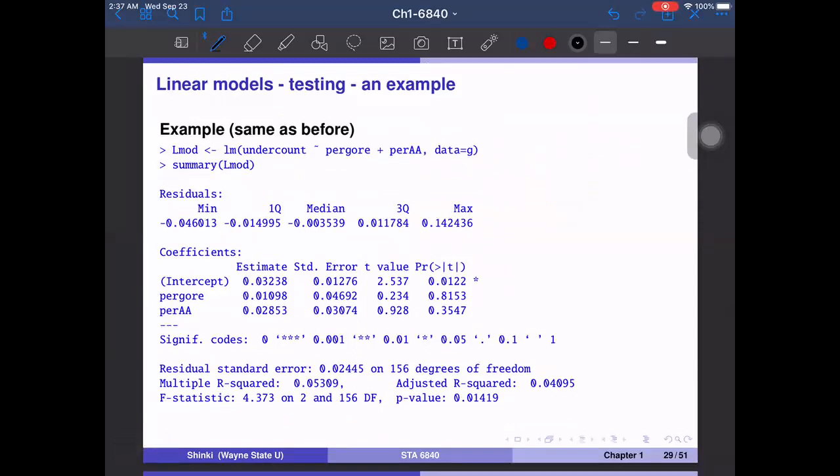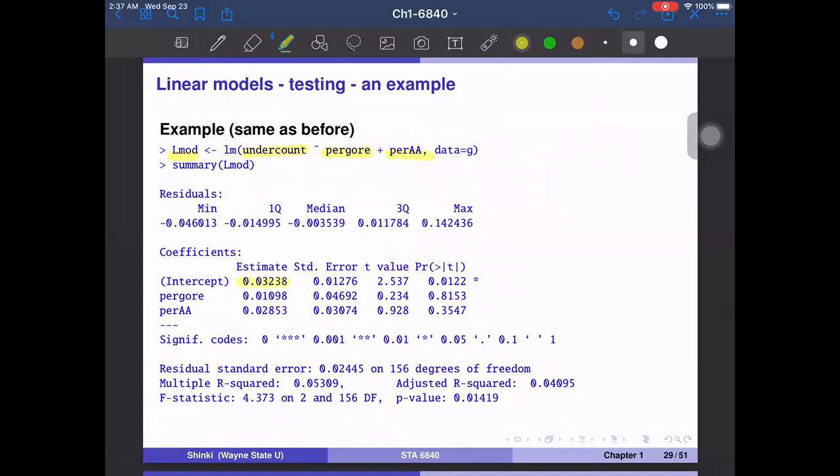Okay, so this is an example in R. This is actually a repeat from the previous slide. We fit a linear model, regressing the undercount on the percentage voting for war and the percentage of African American.